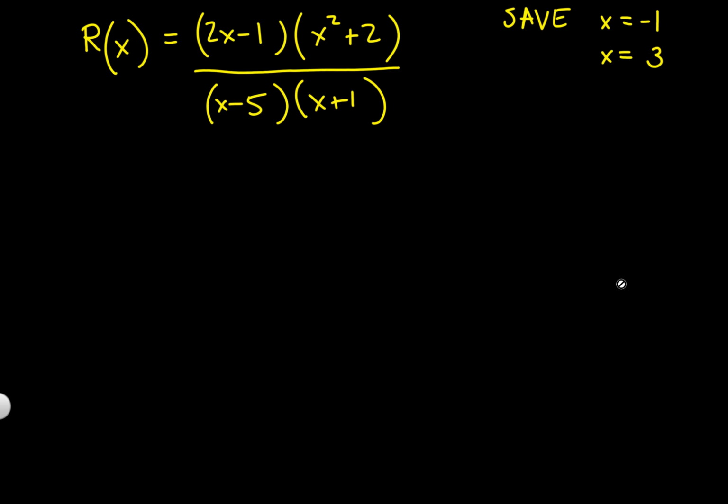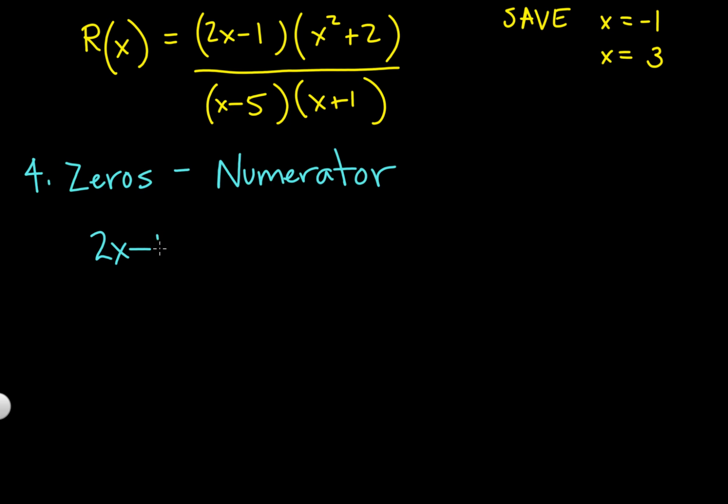So here's my reduced function now. I've canceled everything. Now it's time to look for the zeros. Zeros come from the numerator. If a zero in the numerator will make the entire function equal to 0, which is the definition of a zero. So I'm looking for the zeros given the factor 2x minus 1.